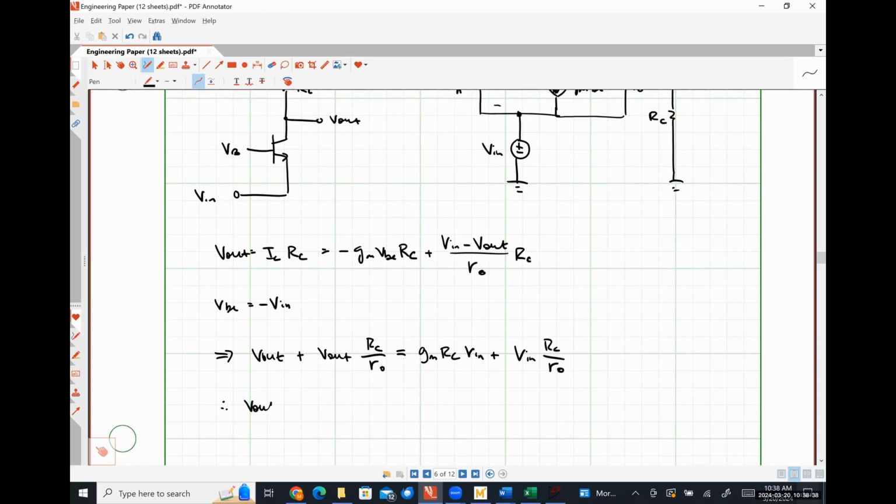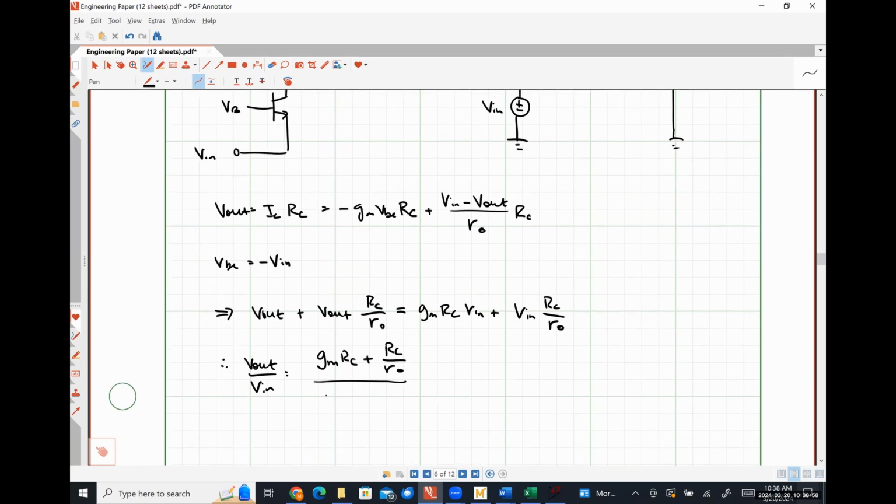We have V out over VN, which is going to be our voltage gain, is GM RC plus RC over R naught divided by 1 plus RC over R naught.